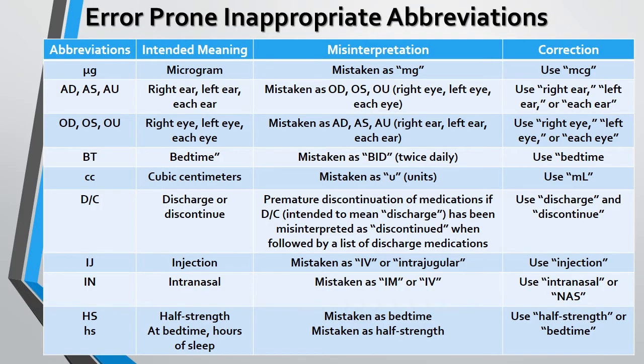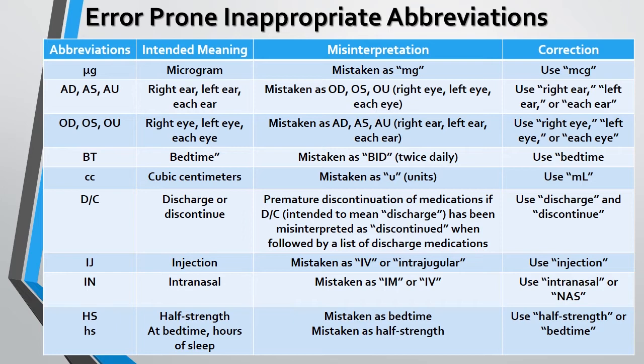The examples of such are: the symbol μg for microgram, misinterpreted as mg, so the correction to be used is mcg. The abbreviated term cc for cubic centimeters is misinterpreted as u, so the correction to be used is ml.